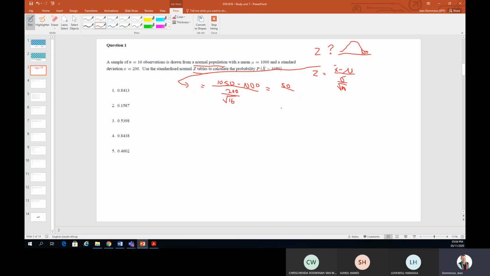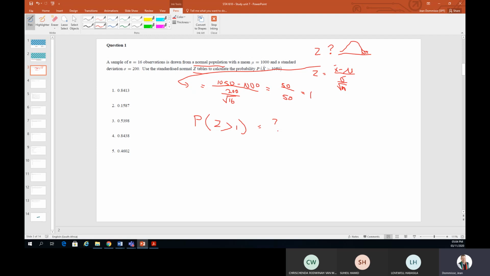So 200 divided by 4 will also give me 50. So 50 divided by 50 is 1. So I need to find what is the probability that Z is bigger than 1. That is what I need to find out.